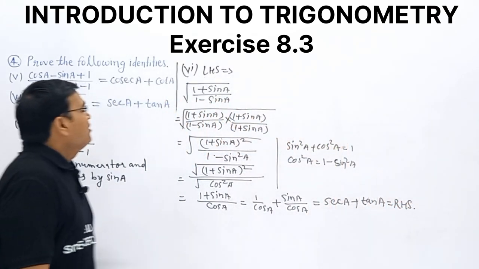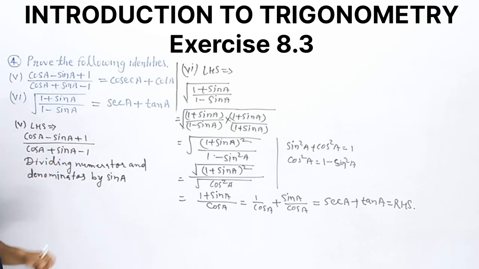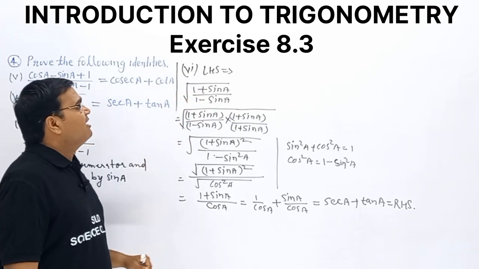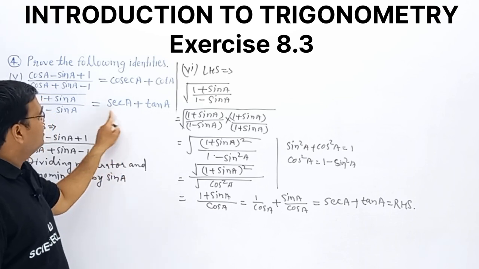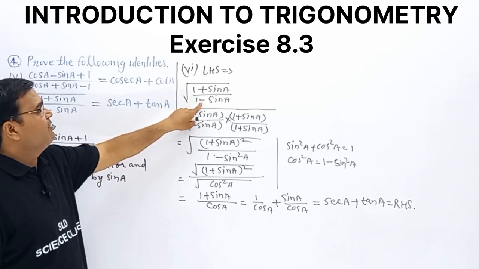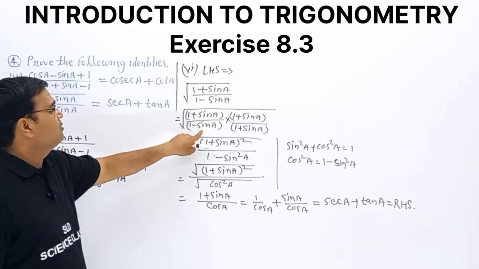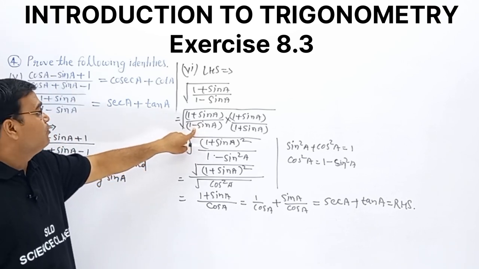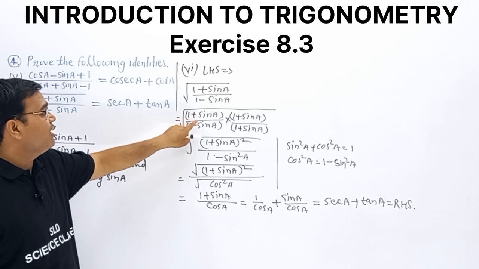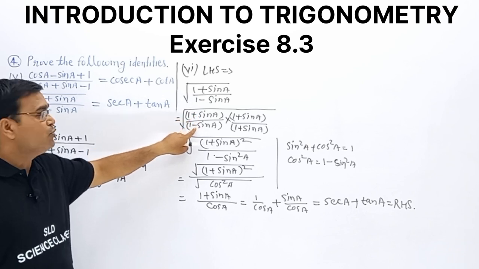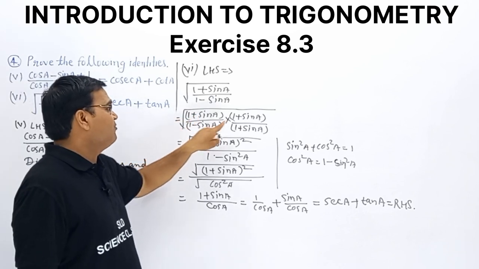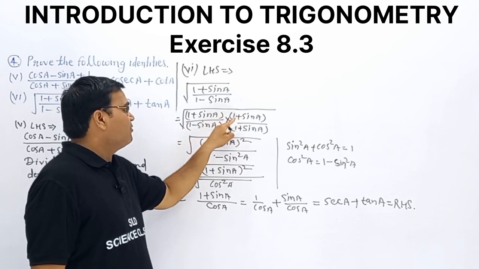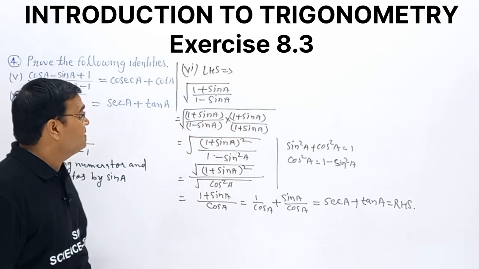Observe again, we are having one relation. I am taking the left hand side, square root of (1 plus sin A) upon (1 minus sin A). We want this thing. So first we will do rationalization in the square root. We will multiply numerator and denominator by the denominator's conjugate, which is 1 plus sin A. Clear?